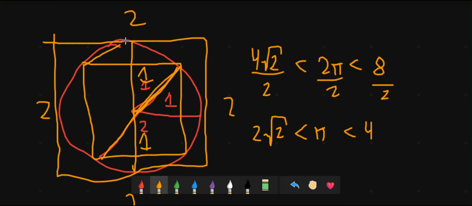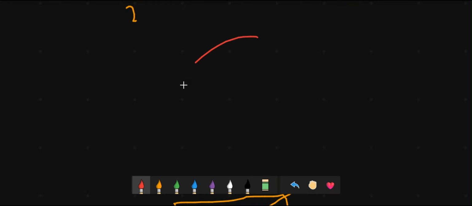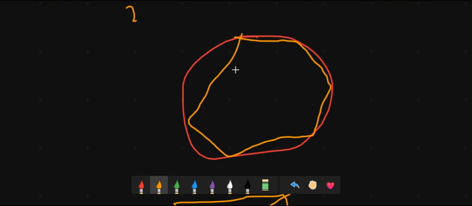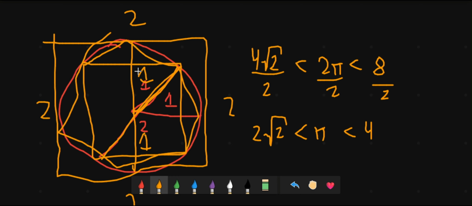Imagine we used something like this, something really close to what the circle is. Say we had a circle, and instead of using a square like we did, we could use a polygon like this. If we use something like that, we approximate it so much better than with the square, because you can clearly see the square is so much more off. And so I'll show you exactly how to do that.